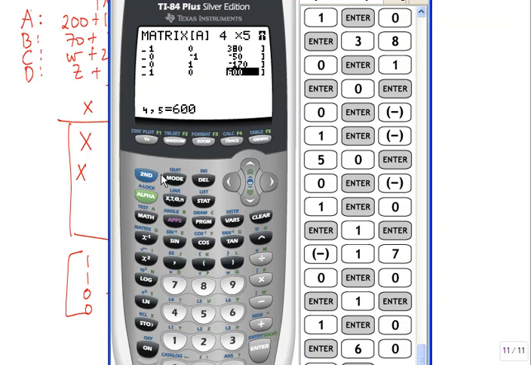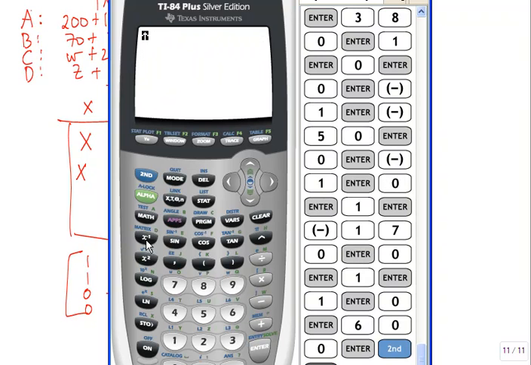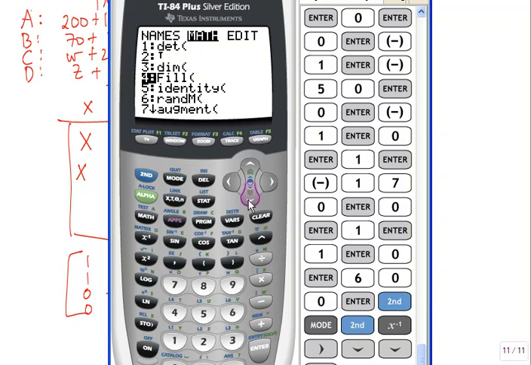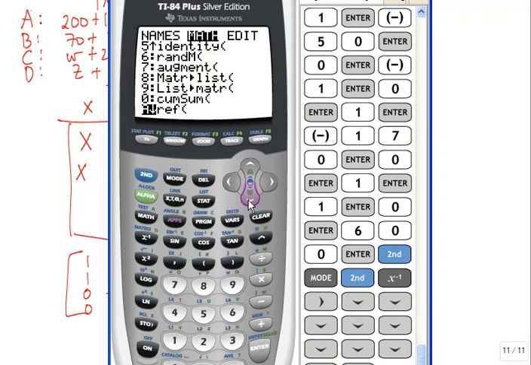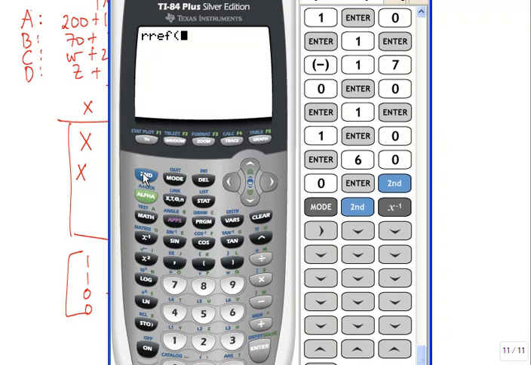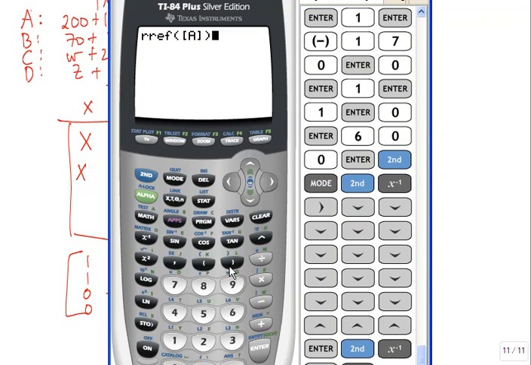So there's our matrix A. Let's quit out of here and then hit matrix, go over to math, arrow down to RREF, and then we want to use matrix A, parentheses, and here's our row reduced form, and I'm going to write this down.